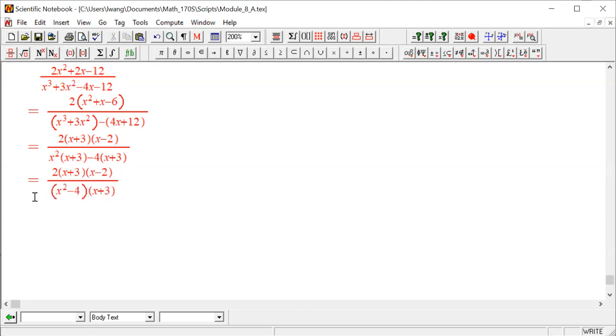Furthermore, x squared minus 4 can be seen as x squared minus 2 squared, so we can factor this even further, which makes x minus 2 times x plus 2.